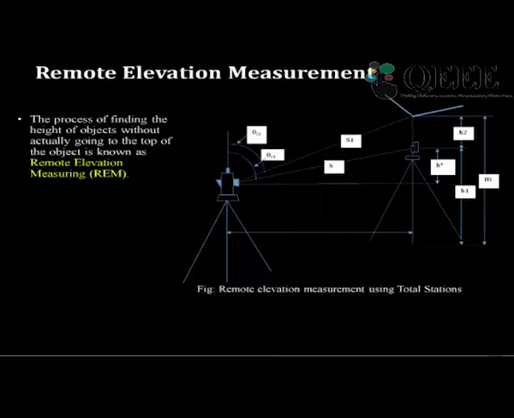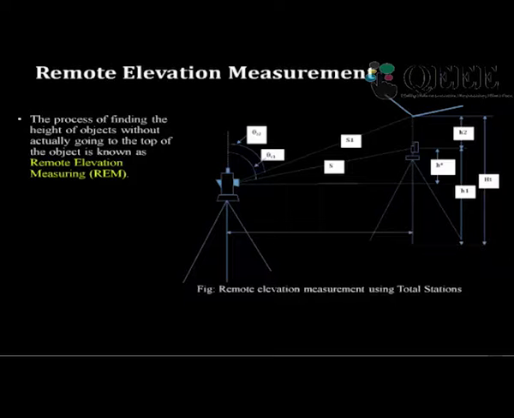The process of finding the height of objects without actually going to the top of the object is known as remote elevation measurements. For example, you have a particular building, and if you are not able to have access to the base of the building, and if you are not able to keep the prism target on the top of the building, then we can use this remote elevation measurement option within the total station.